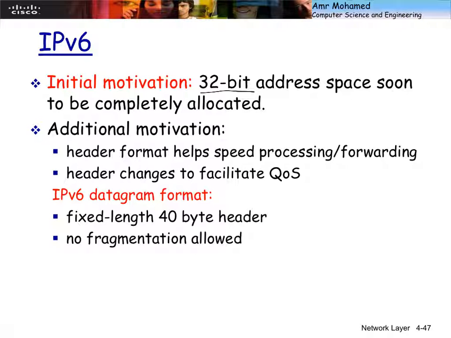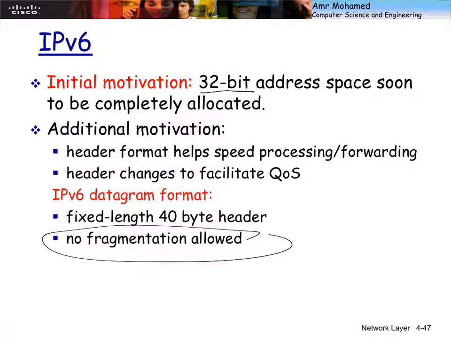So can we compensate for this by simplifying some other processes that IP version 4 was performing unnecessarily? And the answer is yes. For example, as we said before, for IP version 6, we removed fragmentation completely. We got rid of it. So there is no fragmentation in IP version 6.